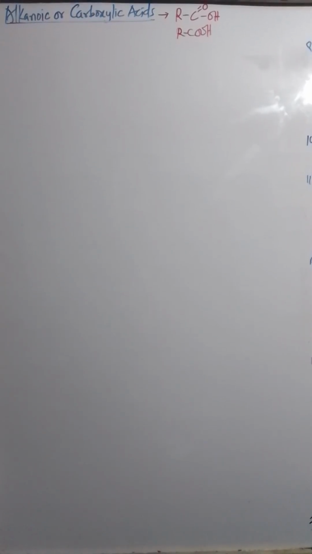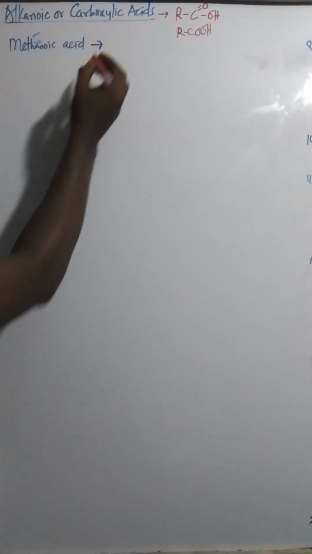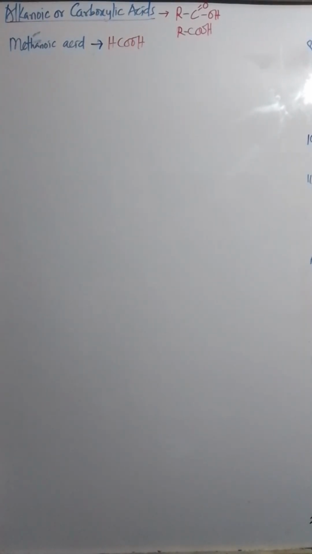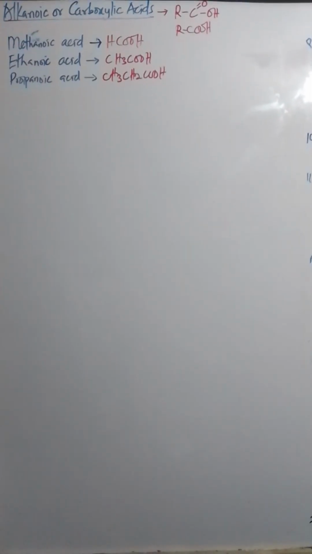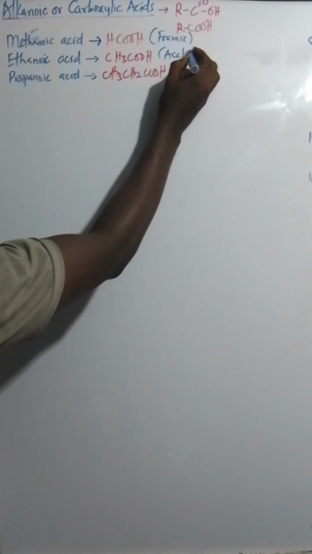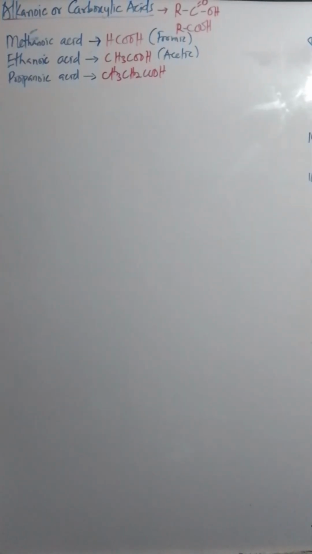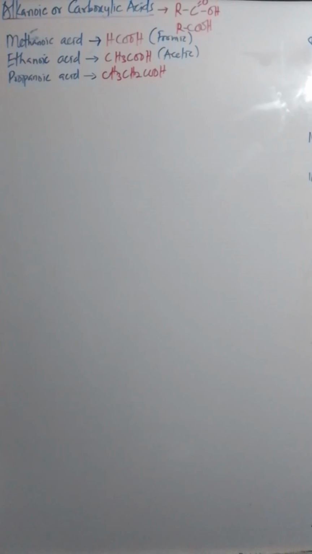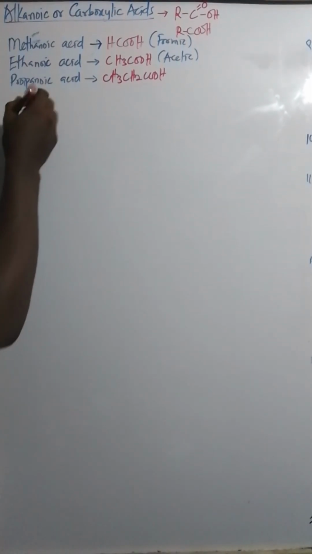These carboxylic acids are sometimes also called fatty acids, and the simplest form is methanoic acid, HCOOH. This methanoic acid is followed by ethanoic, propanoic, butanoic, and the likes. Methanoic is also known as formic acid, and ethanoic is also called acetic acid. This is just propanoic acid. They all differ by CH2, and that's from the definition of homologous series. And carboxylic acids can always dissociate.